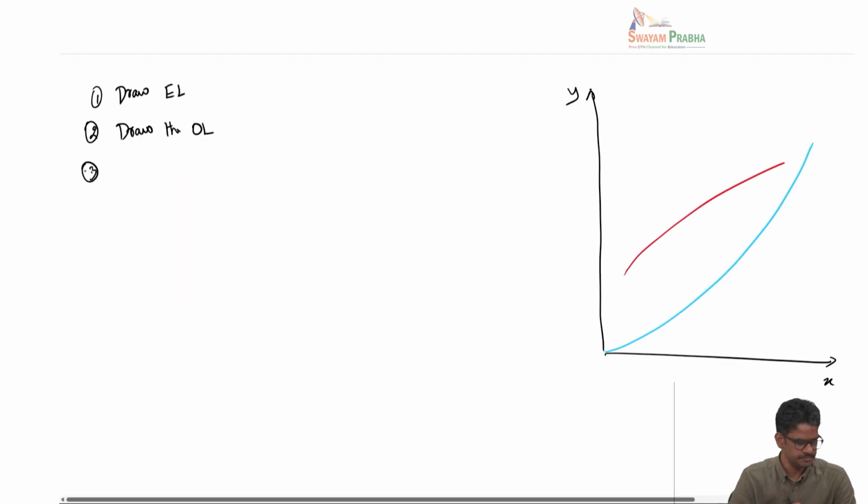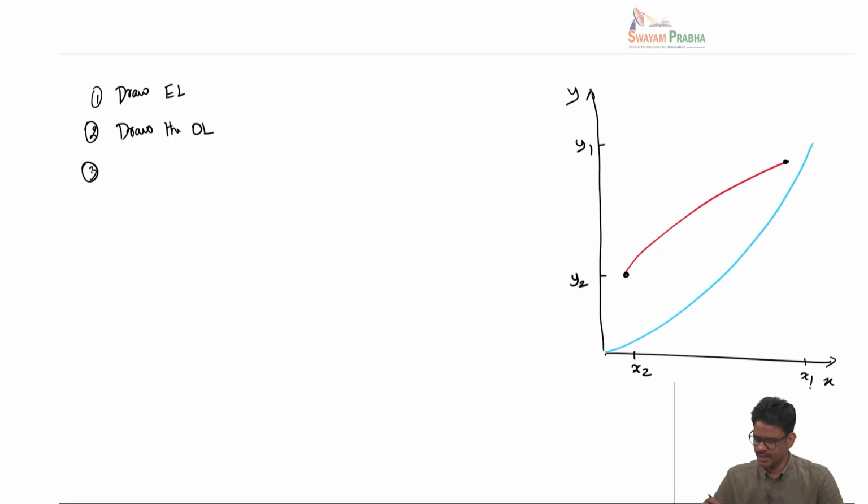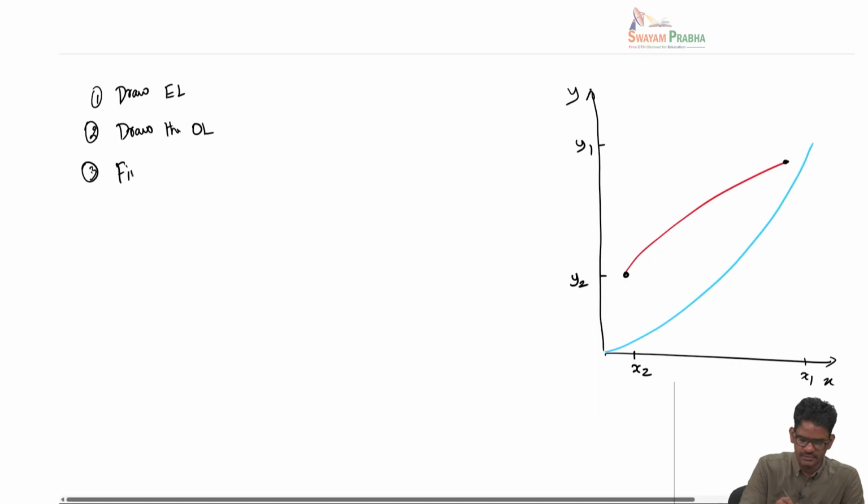Step 3. Let me also mark these points. This is y2, this is x2, this is y1, and this is x1. Now what we are going to do is look at the midpoint. Find the midpoint between EL and OL.